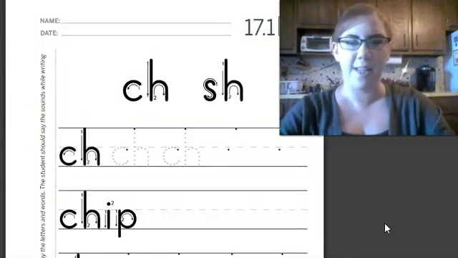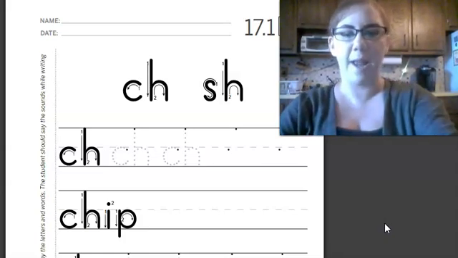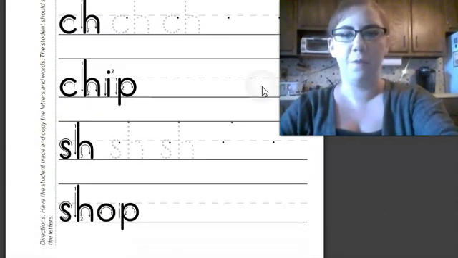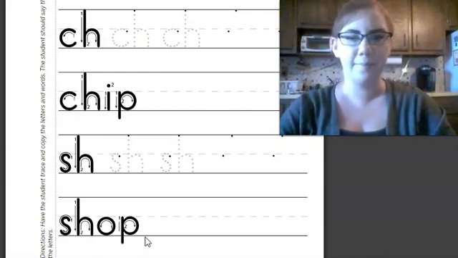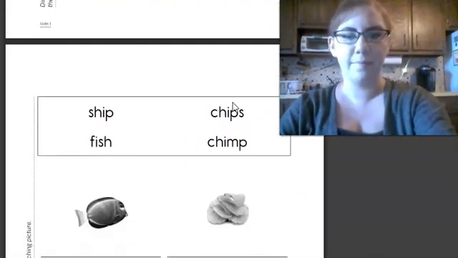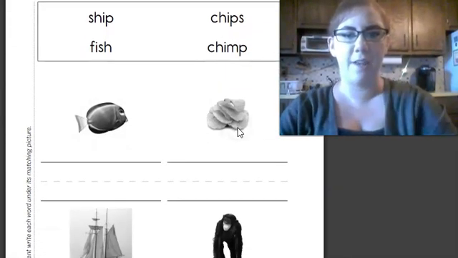On the worksheet for today, you just have to copy the letters to make the digraphs. Then write the word that they've given you. For CH, we have chip. For SH, we have shop. On the next page, they've given us some words to read.